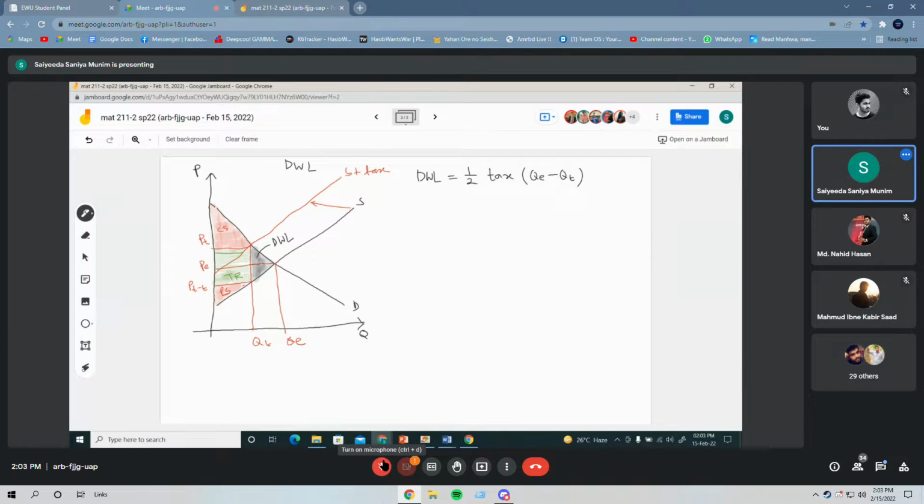This is the triangle for deadweight loss. Base of the triangle is the tax rate, since the supply curve shifts by the amount of the tax. Height of the triangle can be found from the difference in quantities, before tax and after tax quantity.